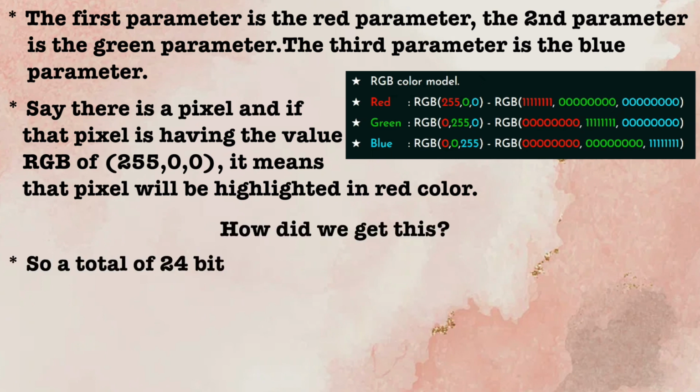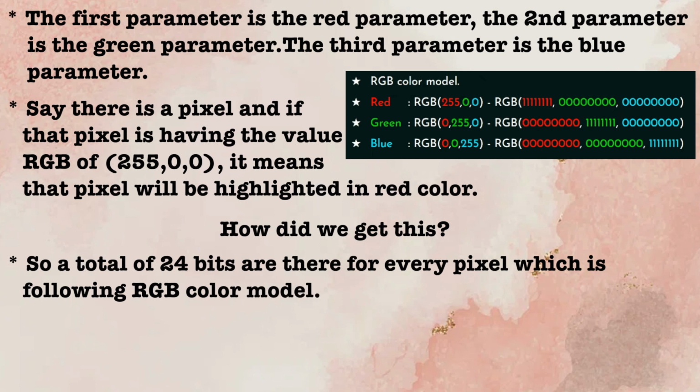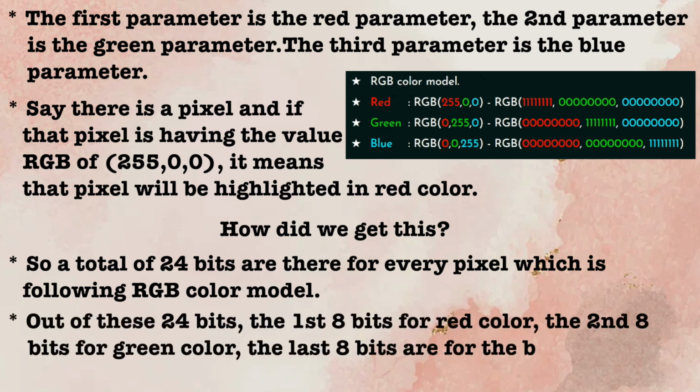A total of 24 bits are there for every pixel following the RGB color model. Out of these 24 bits, the first 8 bits are for red color, the second 8 bits for green color, and the last 8 bits are for blue color.